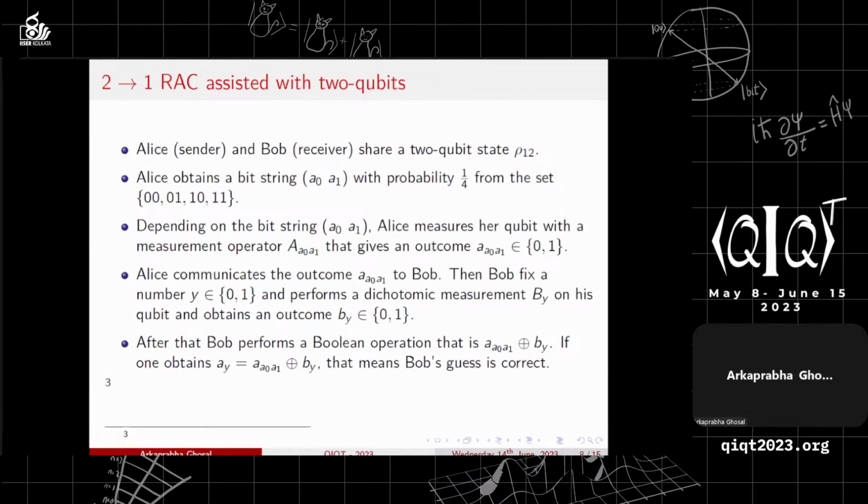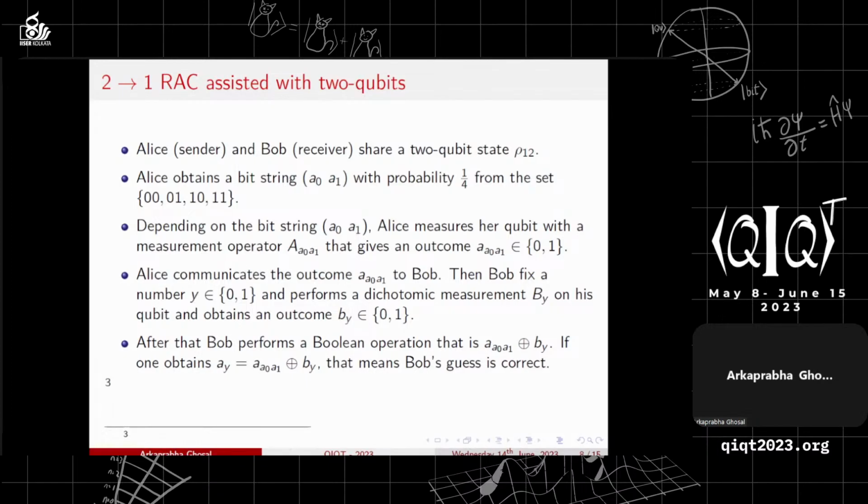Now, for example, in a 2-to-1 random access code, Alice is given 2-bit strings, strings of length 2. That means either 00, 01, 10, or 11. So each bit string occurs with probability 1/4.